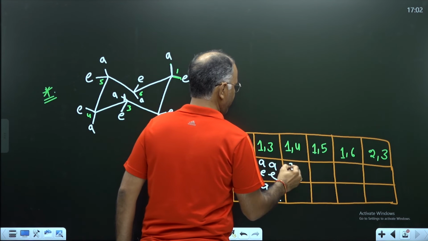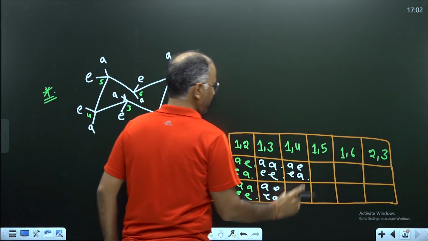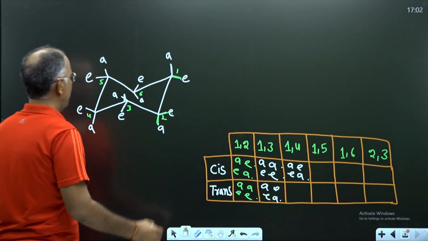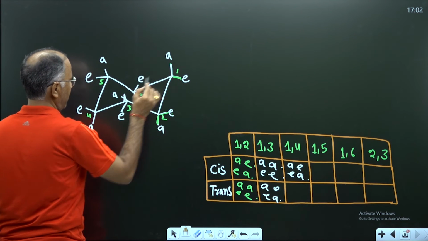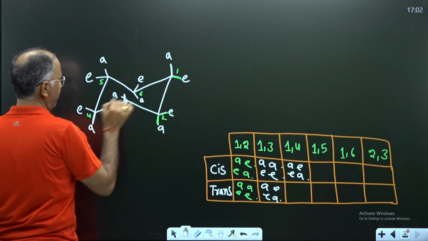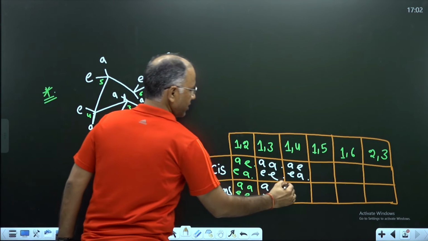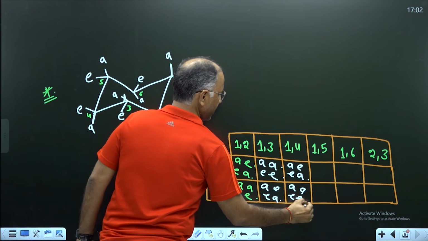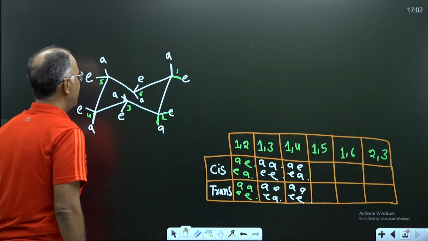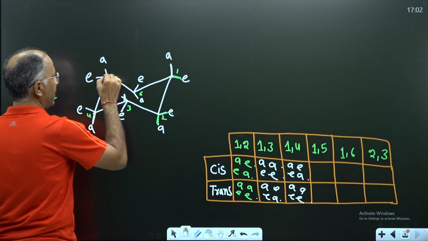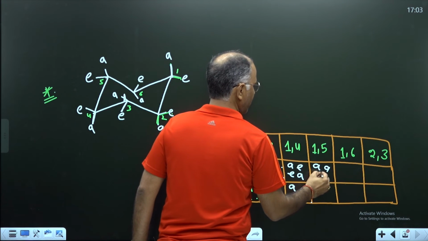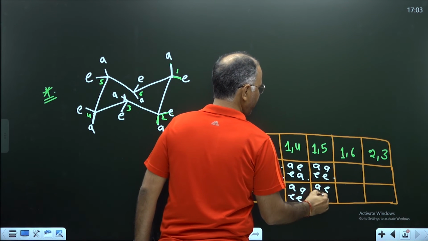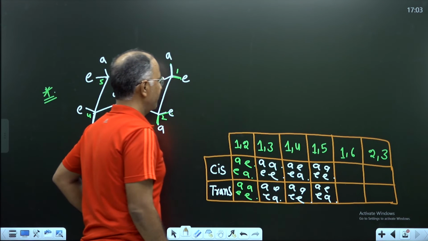This means EA and AE are trans. And what about if I consider A and A, up, down, it is a trans, AA and EE are trans. In 1, 5, A up, AA will be cis, EE will be cis, AE will be trans and EA will be trans.